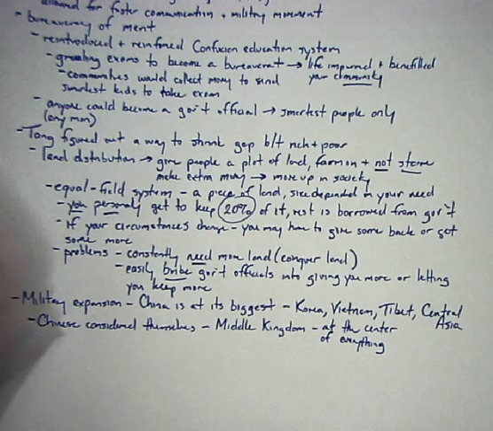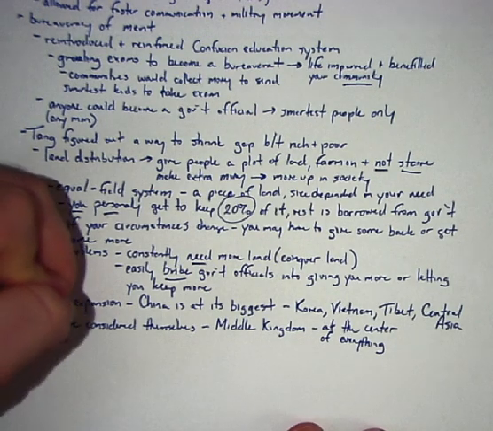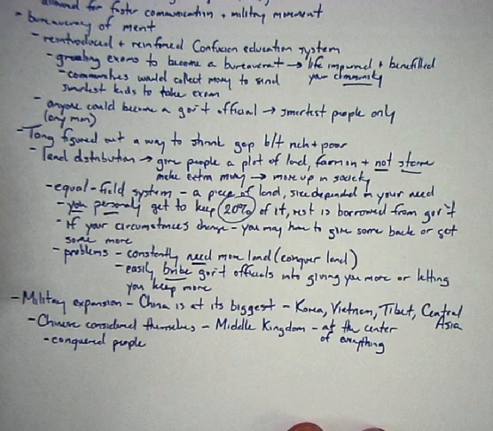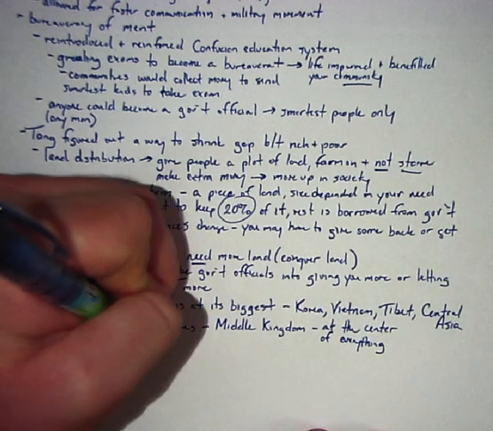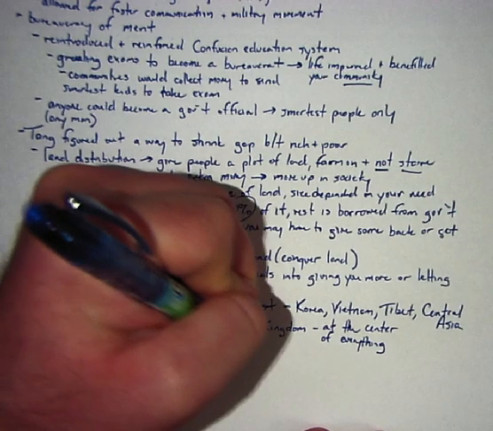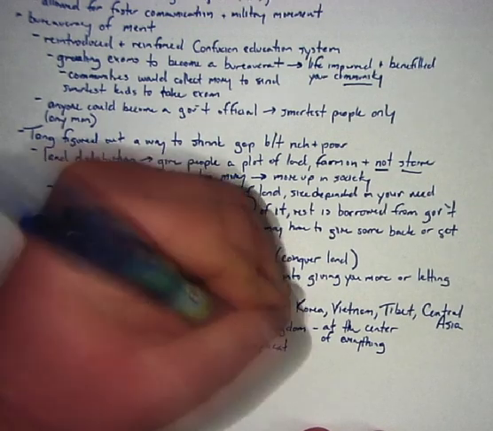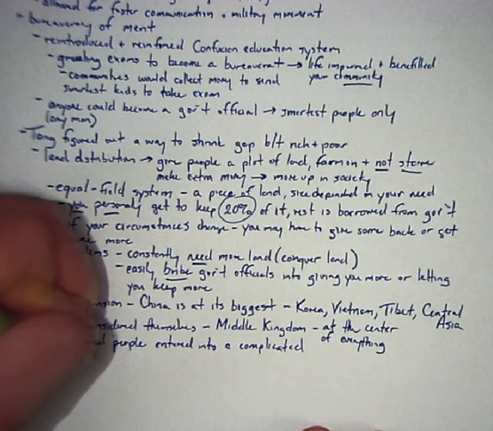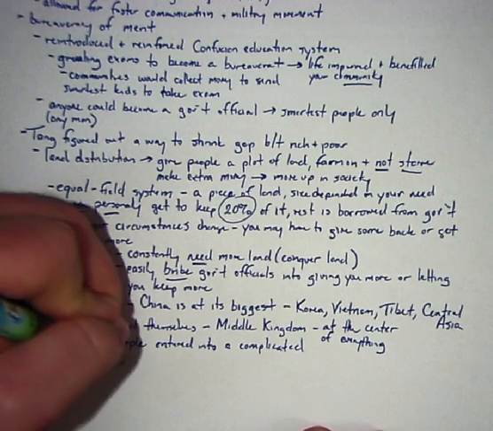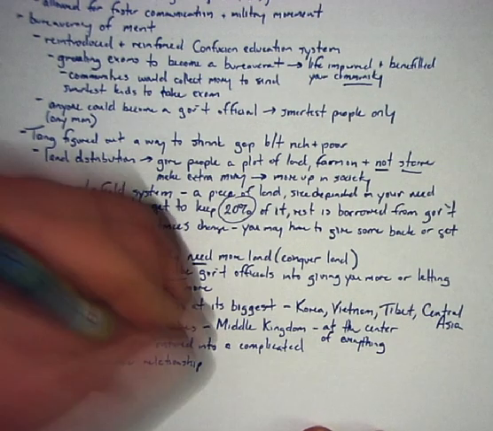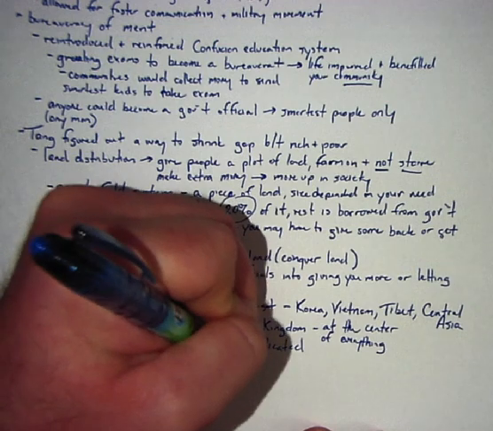Anyone that they conquered entered into a complicated political and economic relationship called the kowtow.